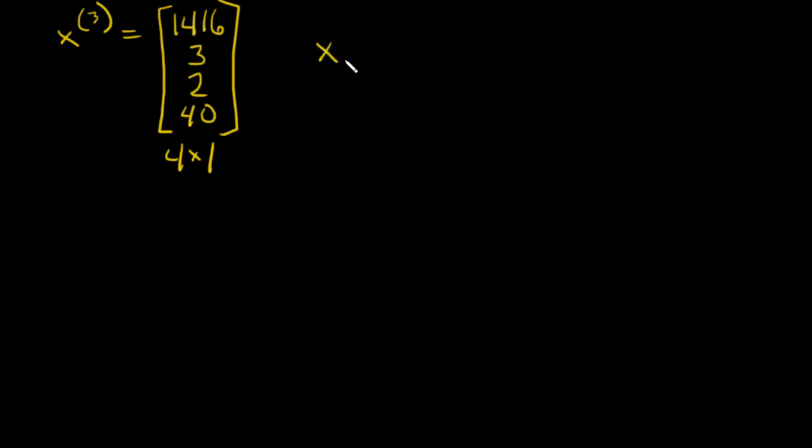If I wanted to access an individual feature within this training example, let's say x sub 2 of the third training example, well, that would just be the 3 right here. All right, so this is the notation we're going to be using for the multiple features inside of our example. And since we are now completely changing all of this, we're going to need a completely new hypothesis function.